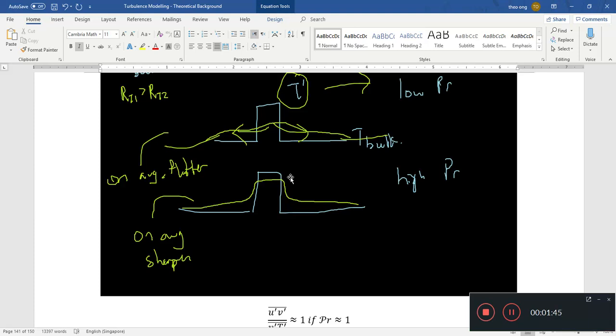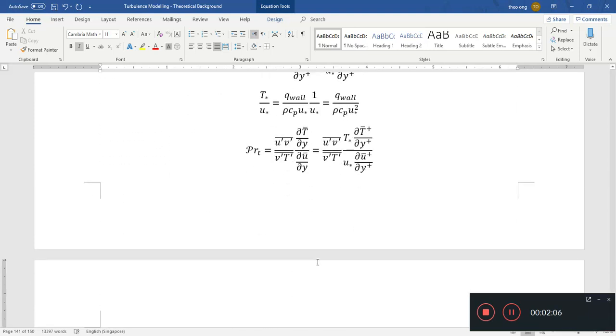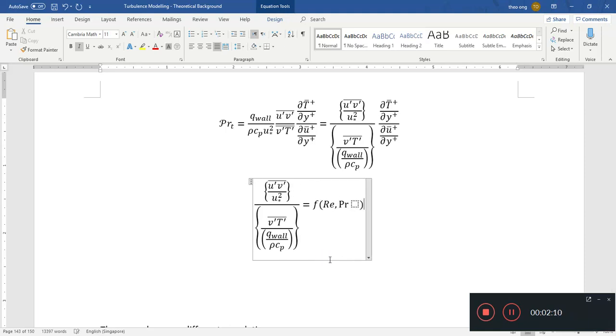That means the temperature gets conducted away faster than the velocity or momentum disturbances. So that's how I think of a low Prandtl number fluid. For high Prandtl number fluid, the inverse is true. Velocity diffuses faster than the temperature. So we will see an inverse kind of relationship.